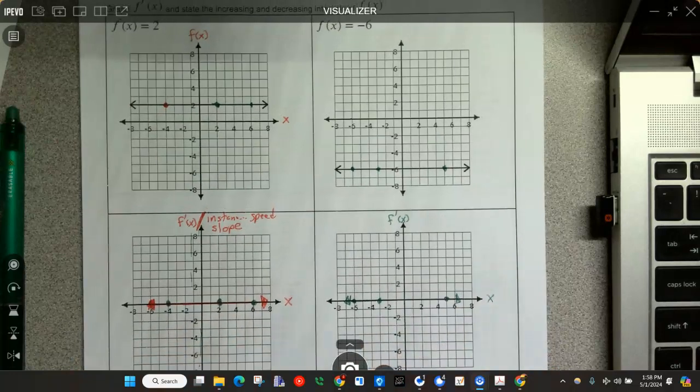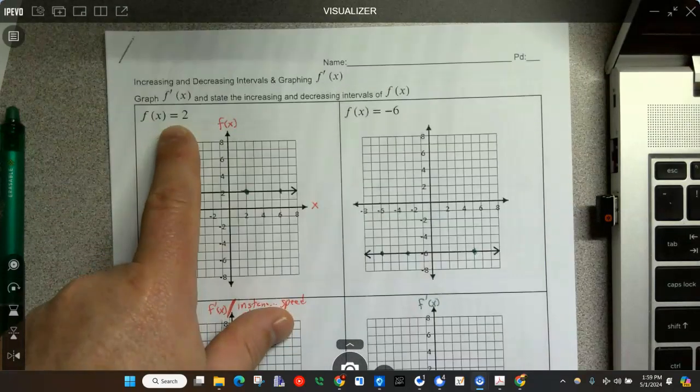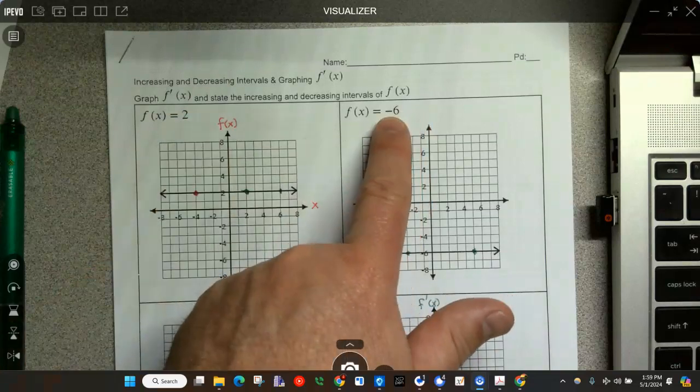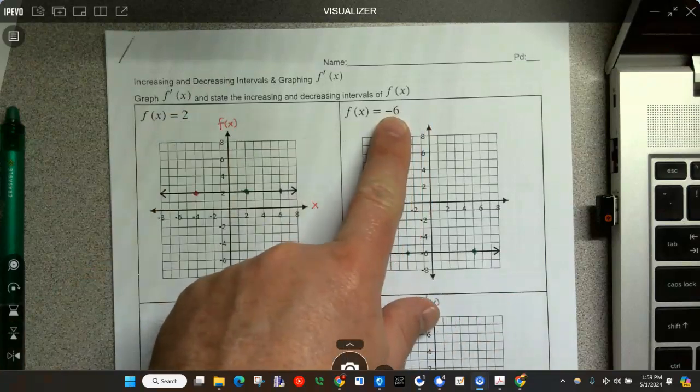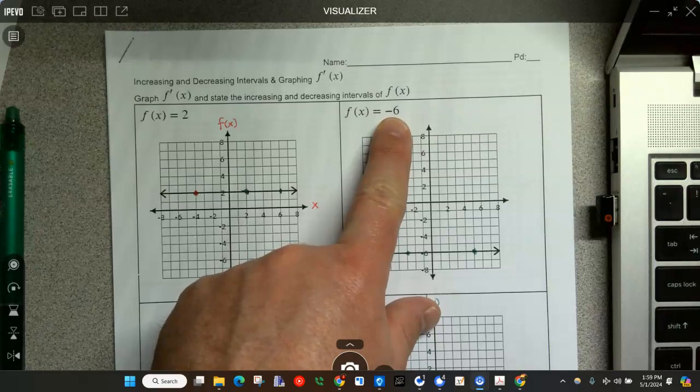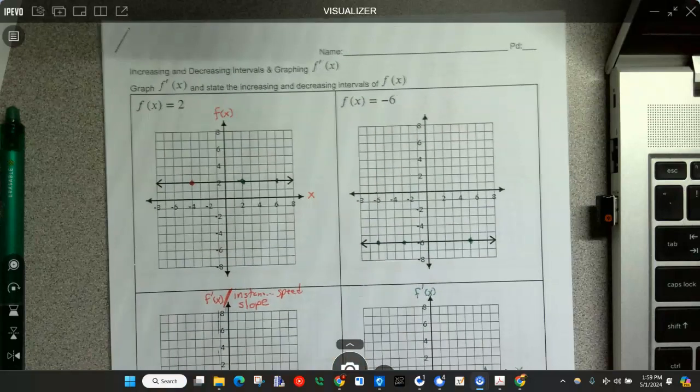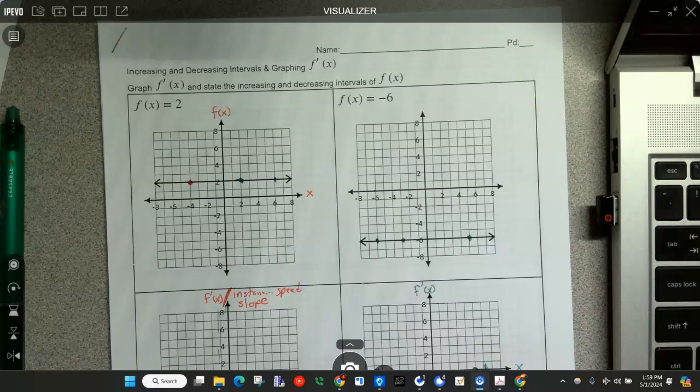Meaning, if you take any equation and you take 1,000 other equations, they could all have the same derivative, right? So there's way fewer derivatives than there are original graphs, right? There's an infinite number of horizontal lines that are f of x equals just a number, a 0-degree function, right? They will all have the exact same derivative graph.